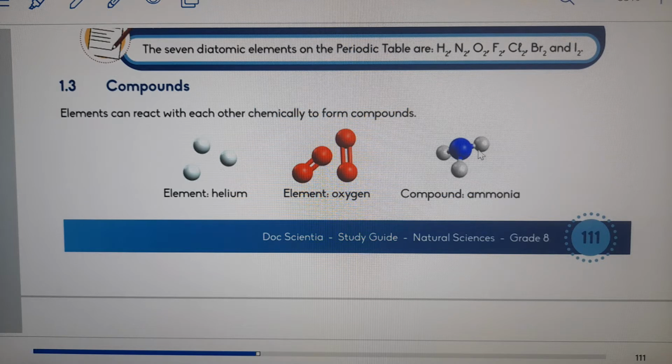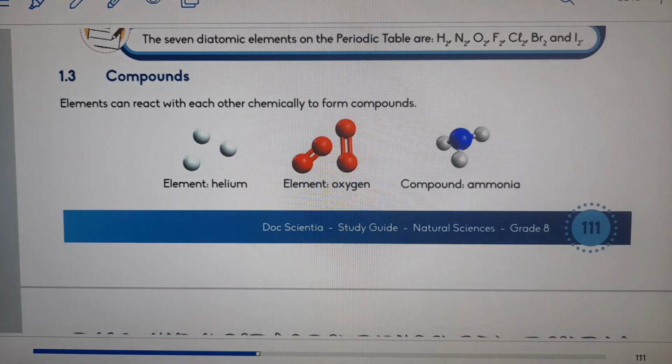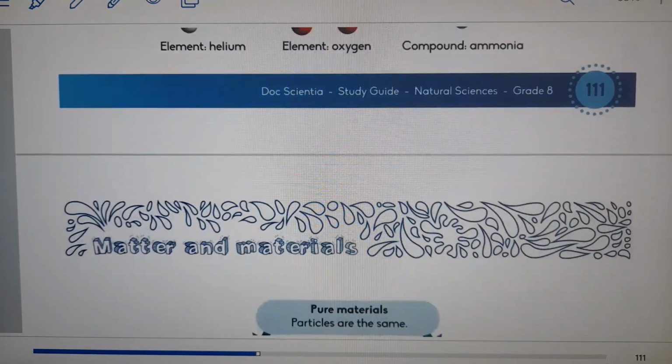These three white atoms are atoms of hydrogen, and this blue ball is a nitrogen atom. So when we write ammonia, we write it as NH3. N is the blue one for nitrogen, and H3 is for the white ones for hydrogen. They are joined together to form the compound ammonia.